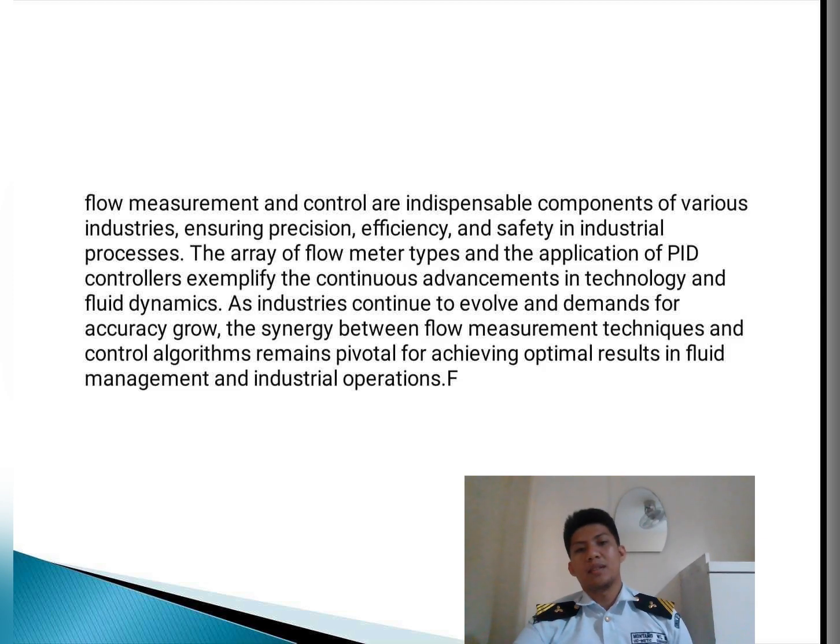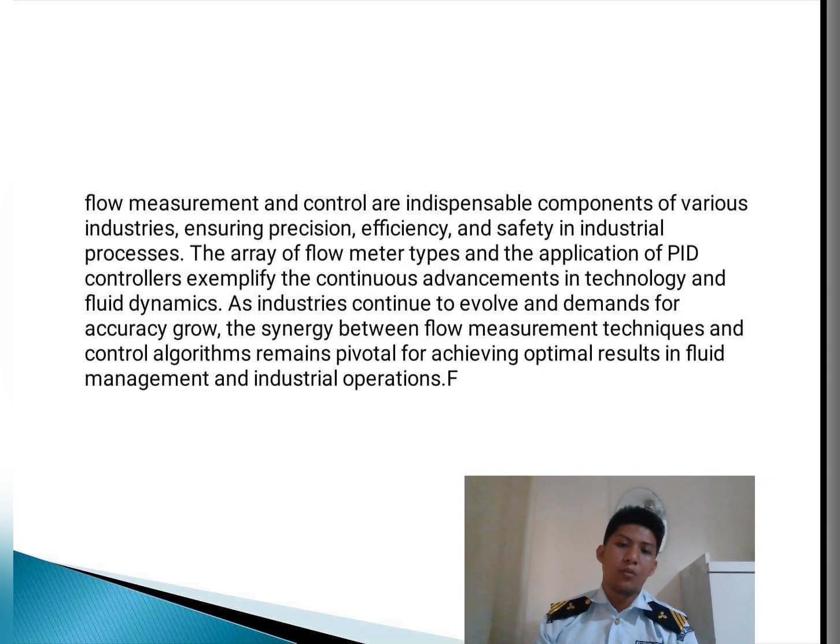Flow measurements and control are indispensable components of various industries. They ensure precision, efficiency, and safety in industrial processes. So again, process control systems are not just for measurement of flow, they ensure precision, efficiency, and safety in industrial processes.